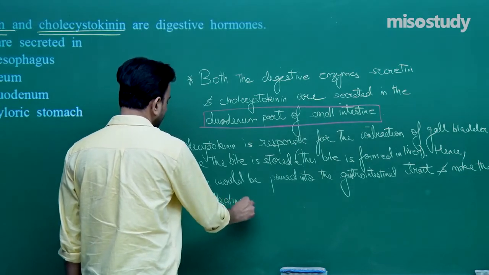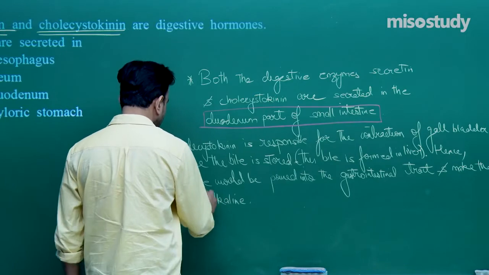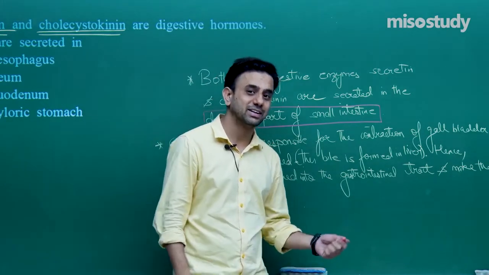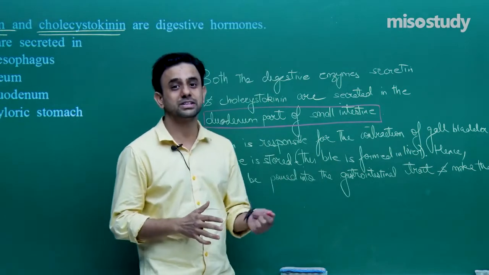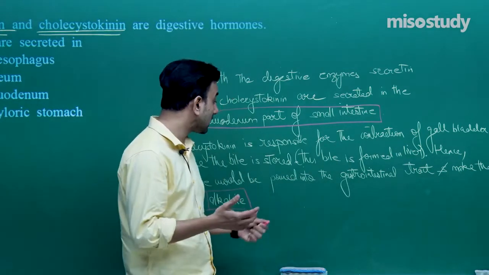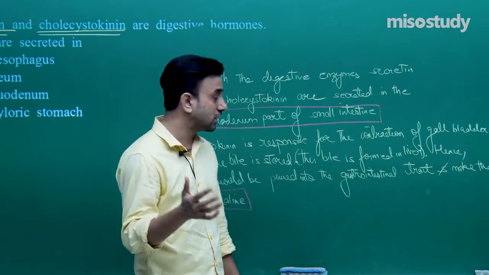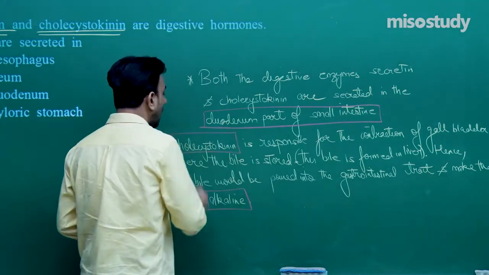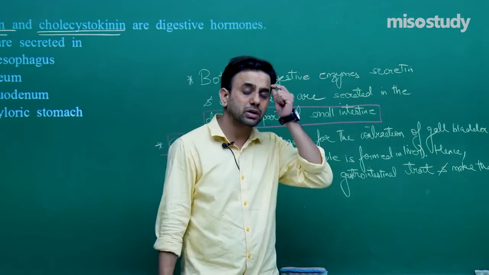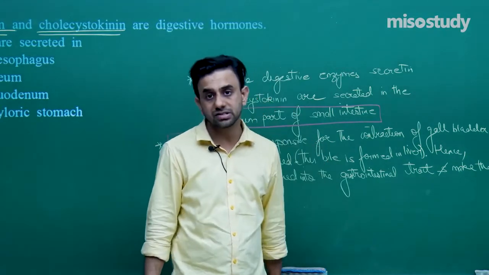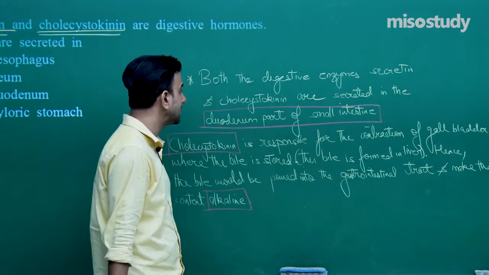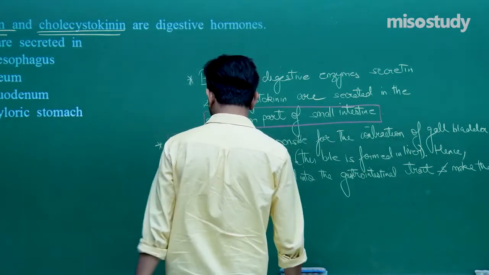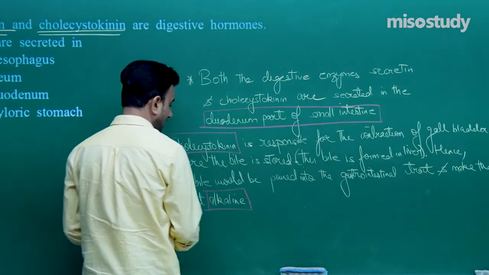You might wonder, no acidity in the stomach and alkalinity here, but yes, the alkalinity has to be maintained for the pancreatic enzymes and the intestinal enzymes to act upon in the GIT. So what we will see next is the secretin hormone.